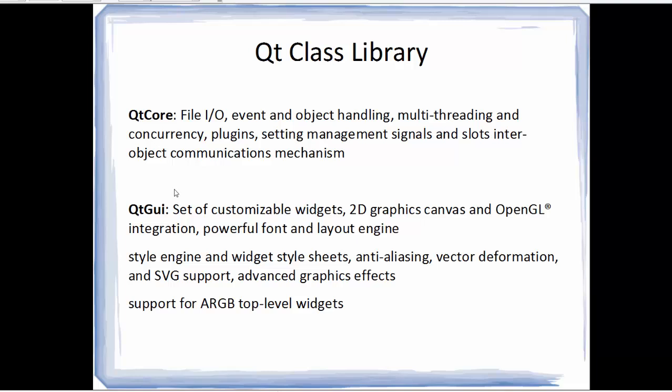In Qt GUI, the set of customizable widgets, 2D graphic canvas, and OpenGL integration are part of Qt GUI applications, right? So this is a brief introduction about the Qt framework.